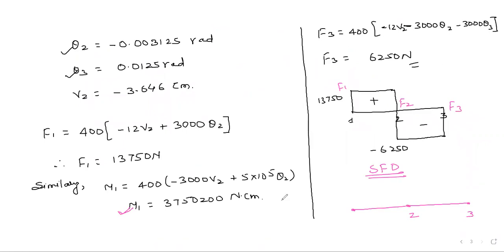Directly, M1 value is this much, so let us take 3750200. And then directly at node number 2, it is going to be 0. Let us take this as node number 2. And again, it is going to be 0 till node number 3. So this is your bending moment diagram.